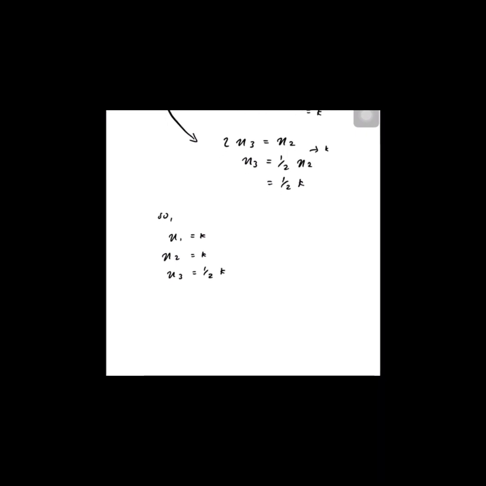So from all of these equations, we can get x1 as k, x2 as k, and x3 as 1 over 2 k.